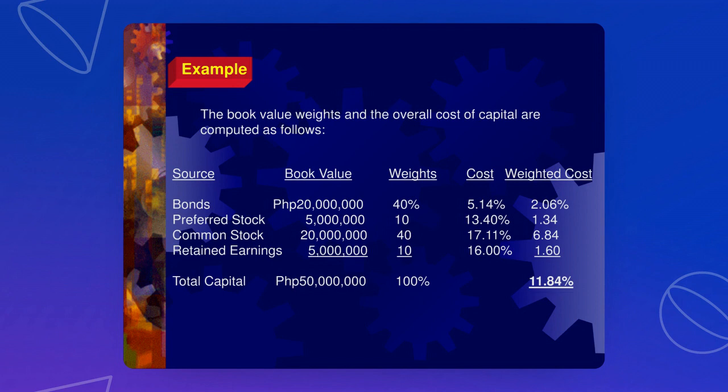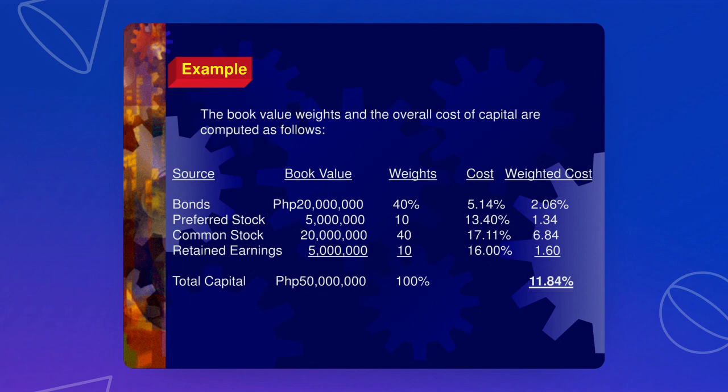Then you have 20 divided by 50, you have 40% again. 5 divided by 50, you have 10%. All in all, you have 100%. And the cost of this one is at 5.14, 13.40, 17.11, and the retained earnings is at 16%.